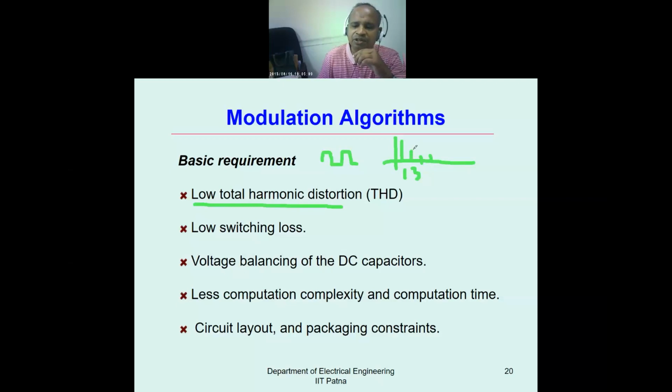If your induction motor is developing a torque TE, then due to the third harmonic another torque will be generated, lower in magnitude but in the opposite direction.